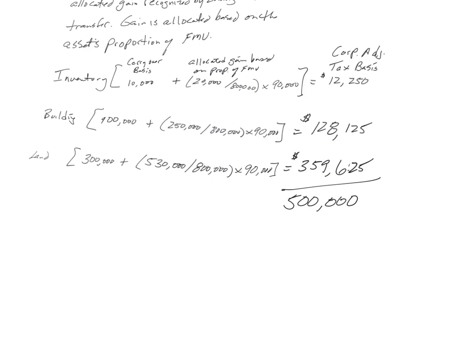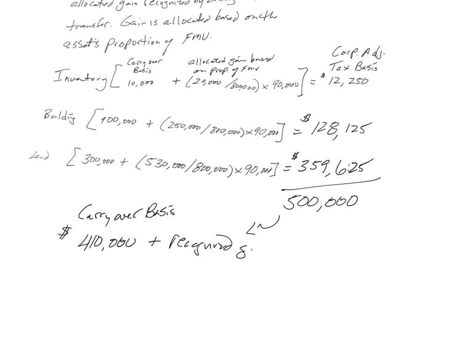And that gives us a total basis in all of the assets of $500,000. And that makes sense because what is this $500,000 equal to? It's equal to the 410,000 of carryover basis plus the recognized gain of $90,000.